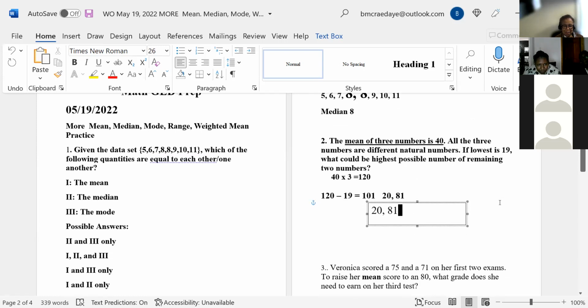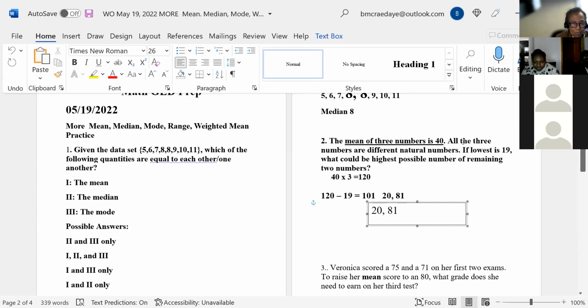Mercedes, question? I don't understand. Okay. I realize now that 3 times 40 is 120, to get a mean of 40. That gives you a total of 120, because 120 divided by 3 is 40.